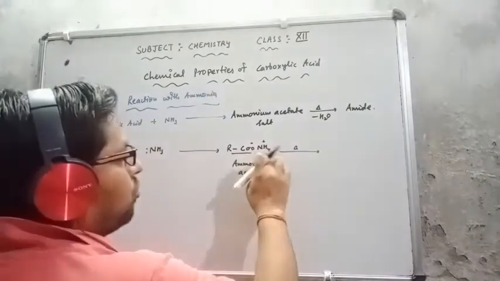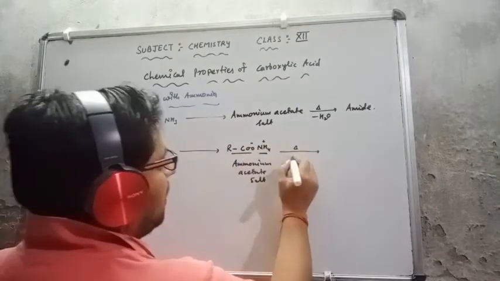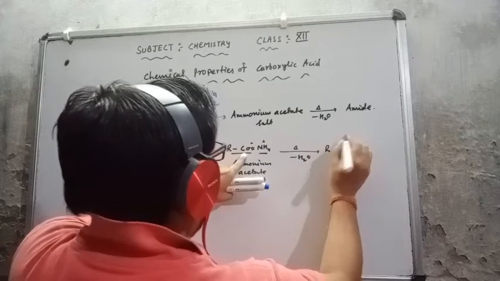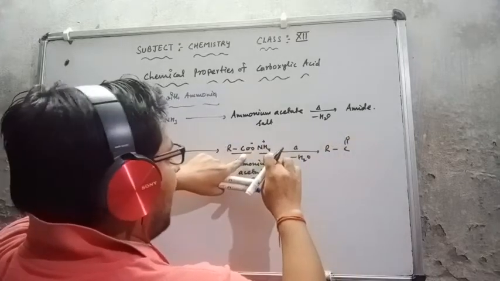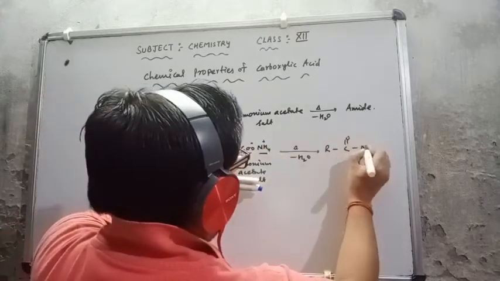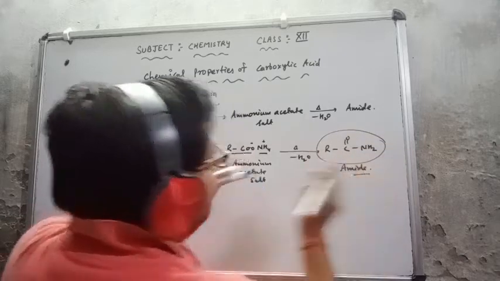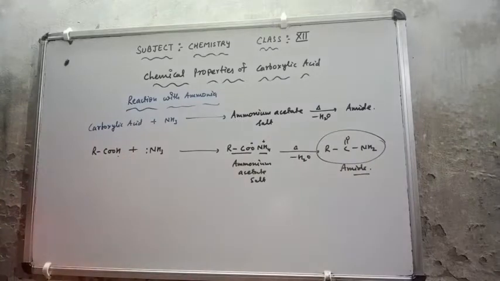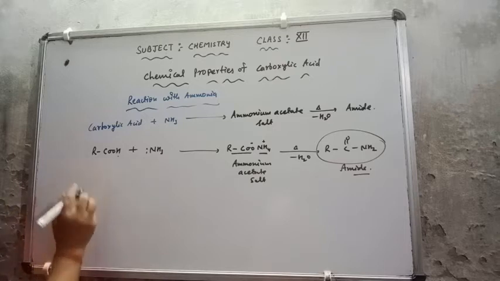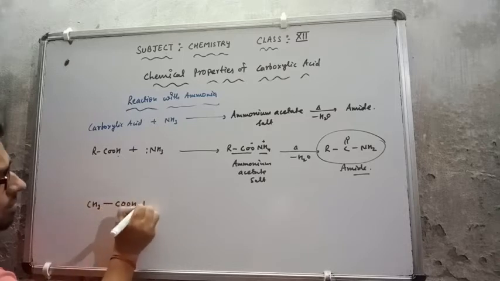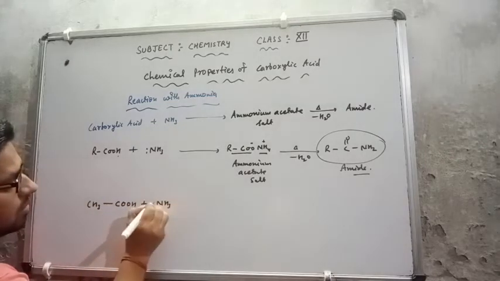Now we have to heat it, then one water molecule is eliminated. So this H2 and one oxygen from here are going to be eliminated. So what is left here? R single bond C double bond O, because one oxygen has reacted with 2 hydrogens, and the rest is available here: NH2. So this is the amide group. As an example, in the place of R I can take CH3 single bond C double bond OH plus NH3.